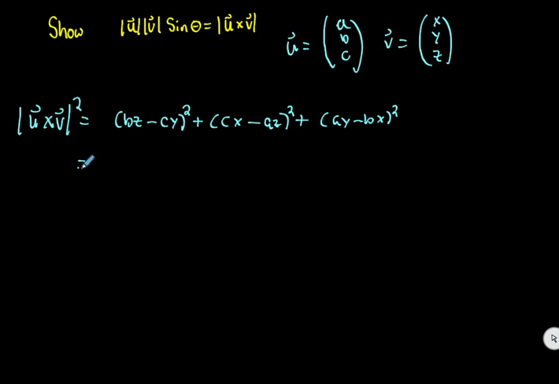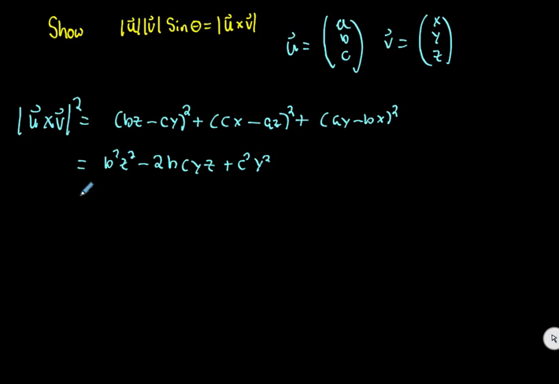So the first thing that we have right here, I'll use my rule here, so that's b squared z squared minus 2, try to keep everything in alphabetical order, 2bcyz, and then plus c squared y squared. And I'm going to stack these instead of writing long, since it's so long.